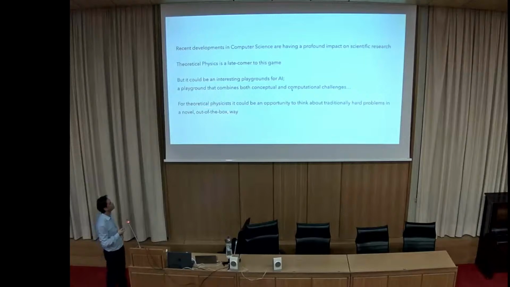For theoretical physicists like us, it could be an opportunity to think about traditionally hard problems in a novel, out-of-the-box way. Because you see, in all these cases I mentioned, it wasn't really the AI that was solving the hard part of the problem. It was us bringing the problem to a stage where it could admit a particular approach. And that, I think, could be a lot of fun. Okay, so thank you.